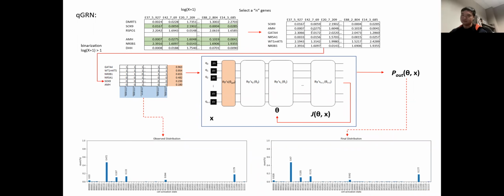So if you have 6 genes, for example, then your output would be a 64 by 1 vector. Yes, it's actually this vector. Like this is the first element, second, third. All these values are a vector of dimension 64.